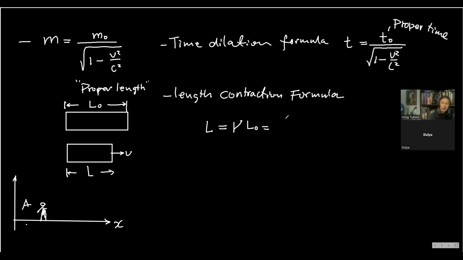Based on this, can you rewrite this formula as the relation between the proper length and the length of the moving object in another direction?